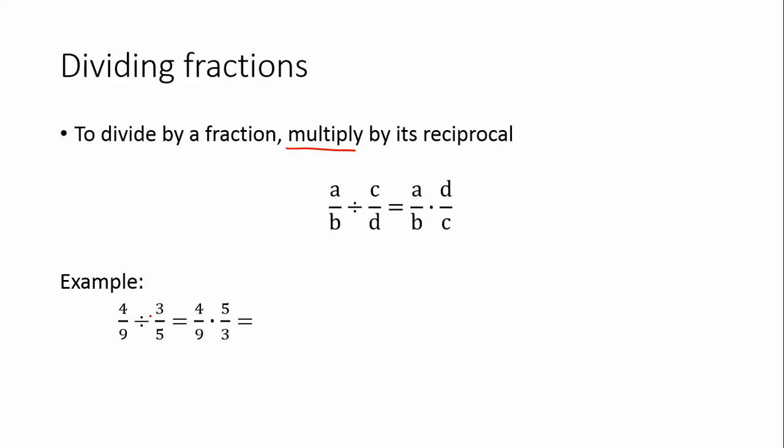So 4/9 divided by 3/5 becomes 4/9 times 5/3. Again, taking the reciprocal of 3/5, then you would multiply across the top, multiply across the bottom, and then check at the end if the fraction can be reduced. This one cannot.